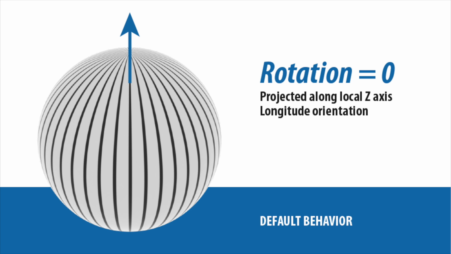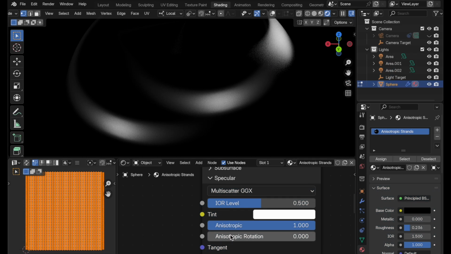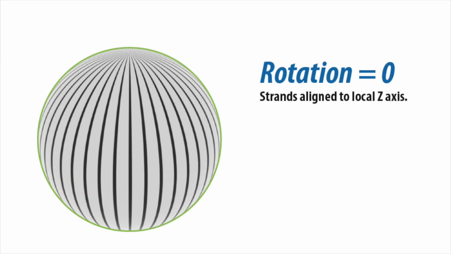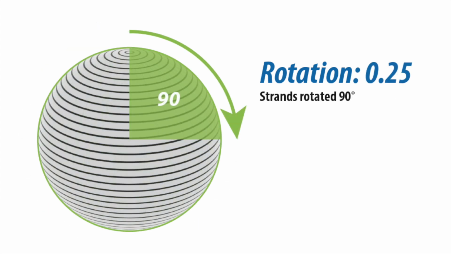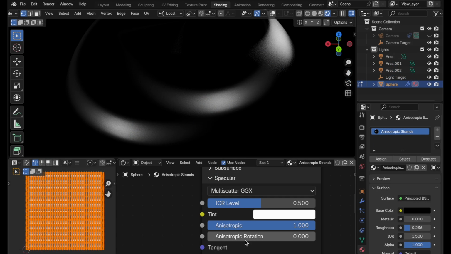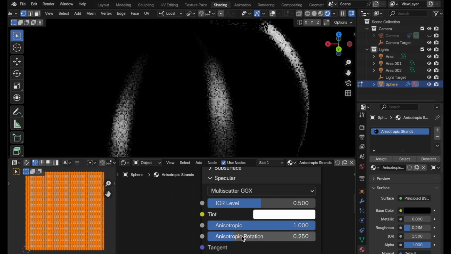In order to rotate the strands by 90 degrees, we have to come down to anisotropic rotation and set it to 0.25. So the way that the value is mapped is that 0 is 0 degrees and a value of 1 is 360 degrees. So 0.25 is the equivalent of a 90-degree rotation. So we come and put in 0.25, and then we get our rotation of the strands to produce this.